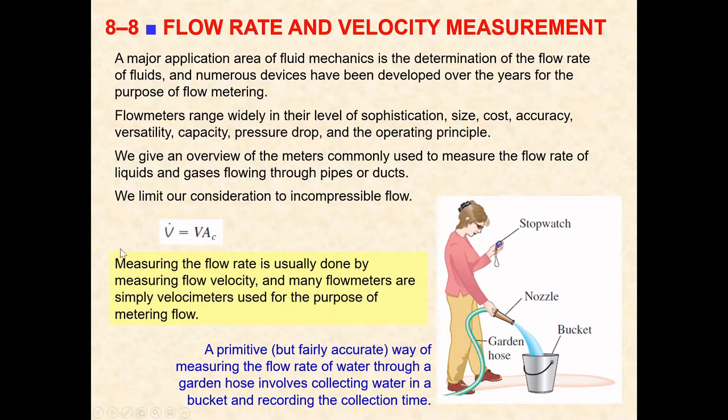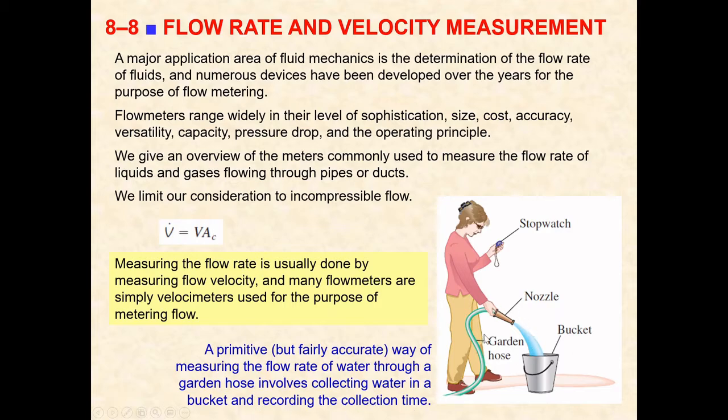Measuring the flow rate is usually done by measuring flow velocity, and many flow meters are simply velocimeters used for the purpose of metering flow. A primitive but fairly accurate way of measuring flow rate of water through a garden hose involves collecting water in a bucket and recording the collection time.